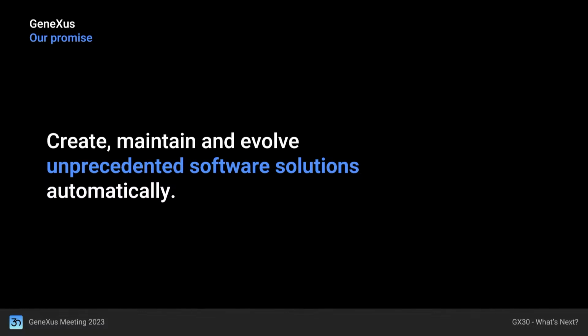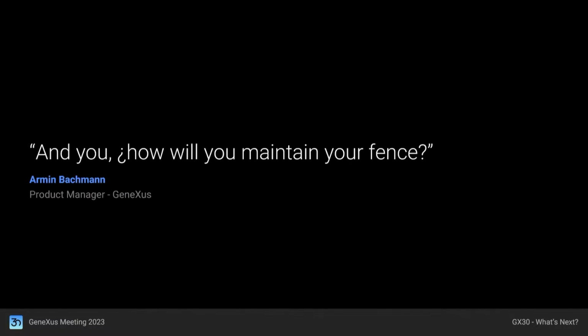So this is the progress made this year, the most relevant aspect, so that you can create, maintain, and evolve unprecedented software solutions. I leave you then with this question. And you, how will you maintain your fence?